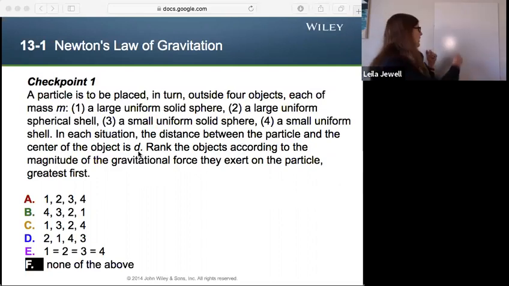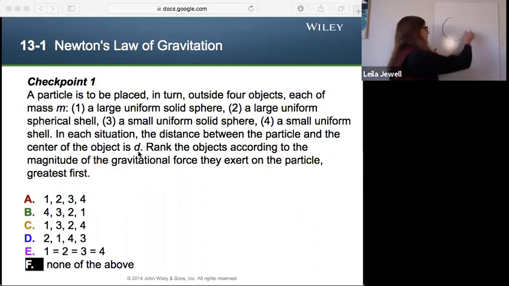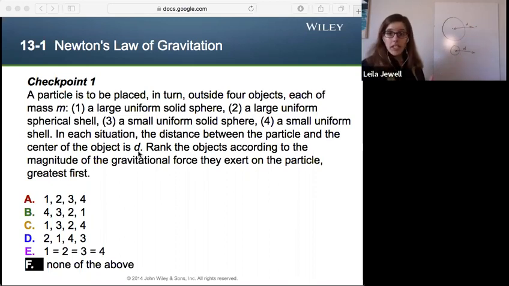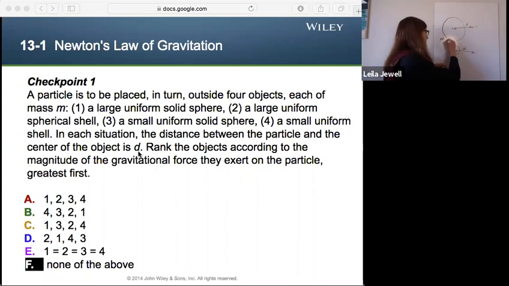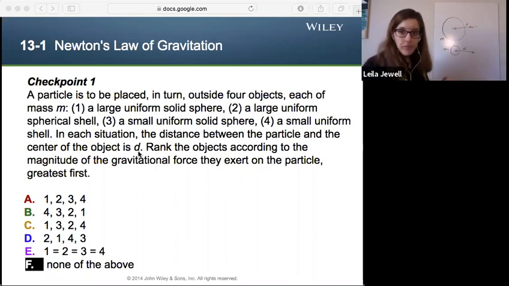So even if you have a really massive shell or a really small one, if it's the same distance from the center to the object of interest, based on the shell theorem, either of these will have the same result as long as that distance is the same and the total mass is the same.